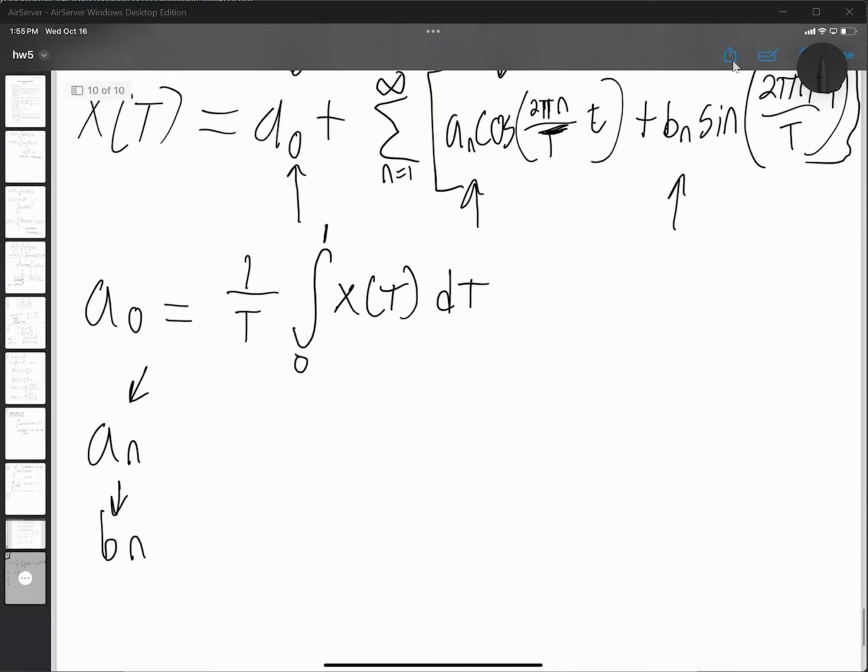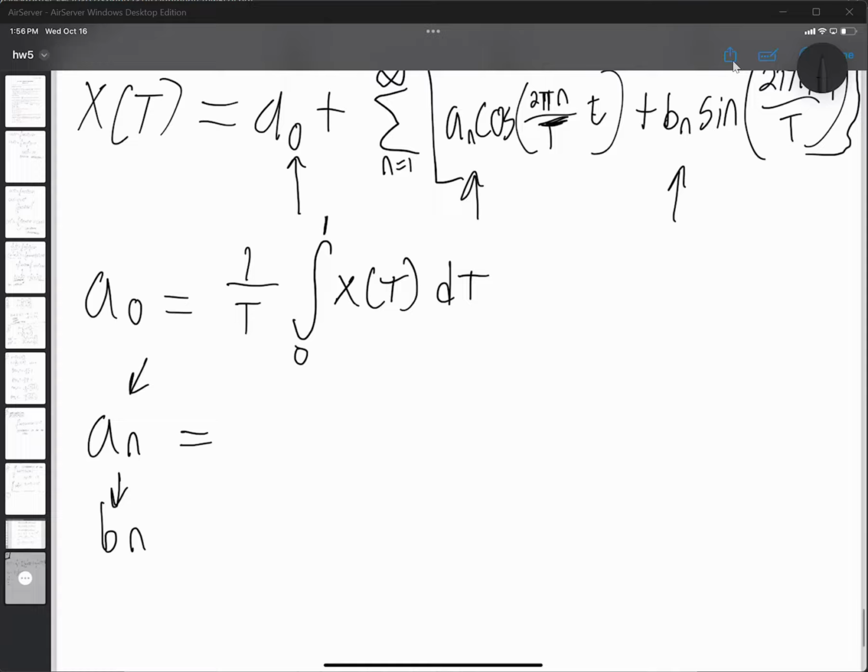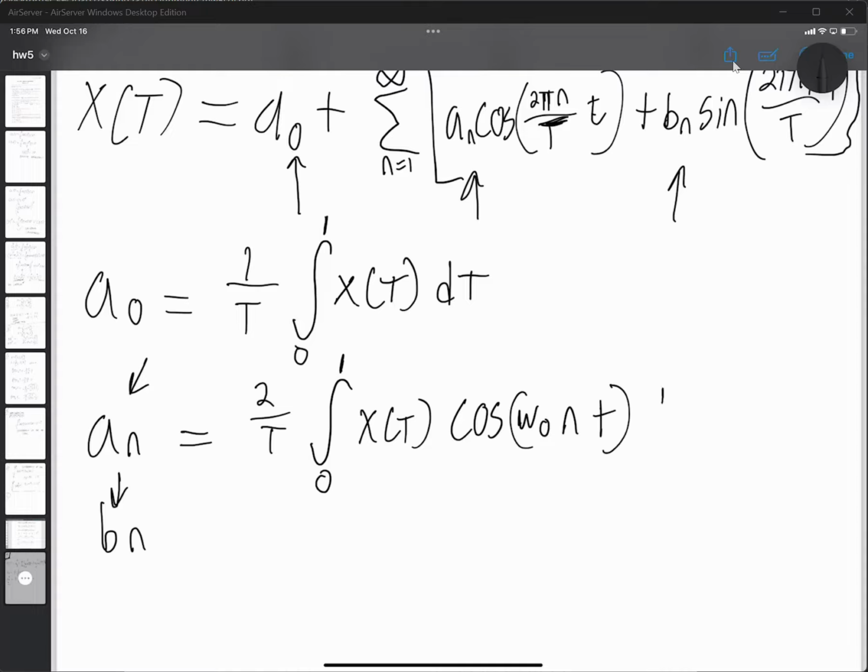To solve for an, it'll be 2 over T, the period, integrated from 0 to 1 of x of t cosine of omega naught n t dt, I believe. Yeah, that's right.